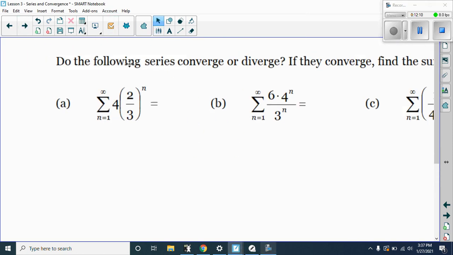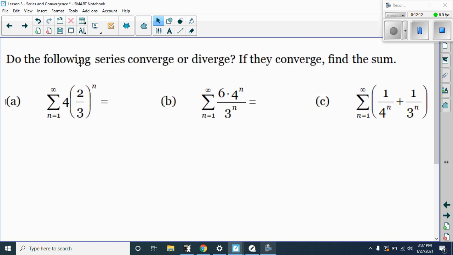So for the example, it asks if each of the following series converge or diverge. If they converge, we are asked to find the sum. So this first one, I have a number to the n. Number to the n identifies it as a geometric series. If it's geometric, what we're doing first is deciding if it converges or diverges, and we do that by checking the common ratio.